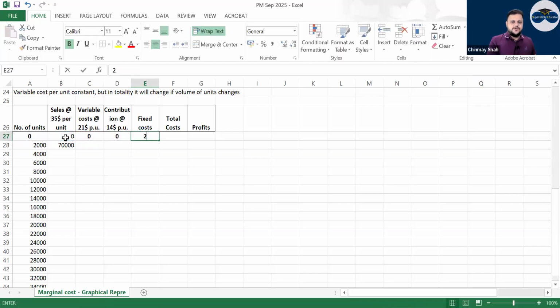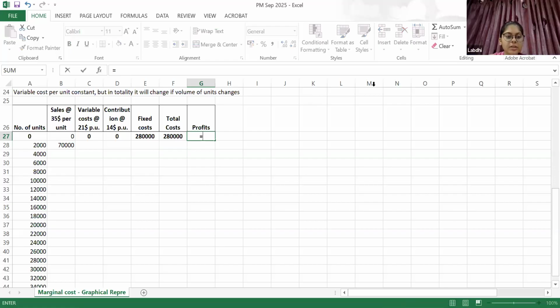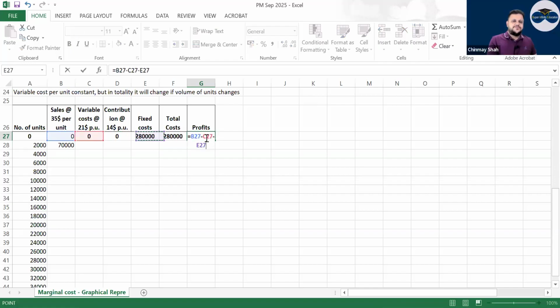Fixed cost is going to be 280,000. Total cost is going to be this plus this. Profit is going to be what? Sales minus total cost, or I could say sales minus variable cost minus fixed cost. Both will work.